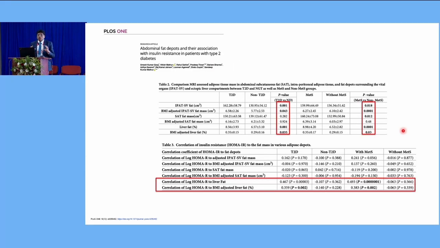So we looked for which intra-abdominal compartment is important. Is it the intraperitoneal fat around the vital organs, is it the subcutaneous abdominal fat, or is it the fat in the liver? What we found is that intra-abdominal fat volume was a little higher, but when corrected, log corrected for HOMA and liver fat, we found that T2DM was associated with more liver fat.